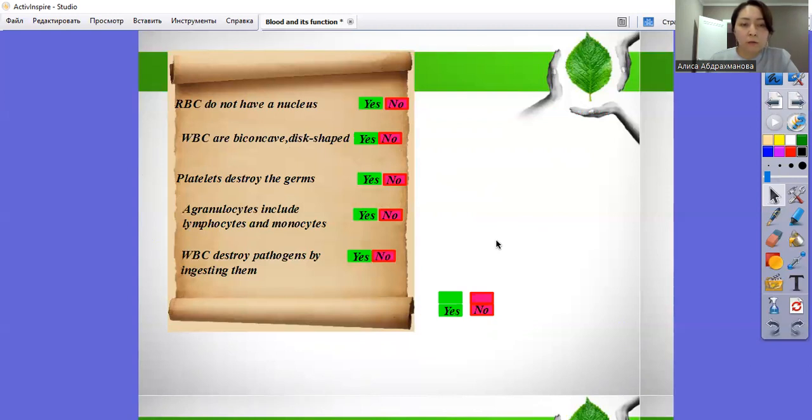Қызыл қан жасушаларының ядросы жоқ дейді, я? Бұл дұрыс. White blood cells are biconcave disc-shaped. Так. Бұл дұрыс емес. Platelets destroy the germs. Так. Жоқ. Granulocytes include lymphocytes and monocytes. Yeah, it's true. White blood cells destroy pathogens by ingesting them. It's true. Okay.